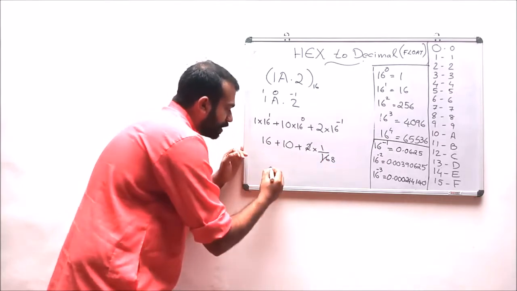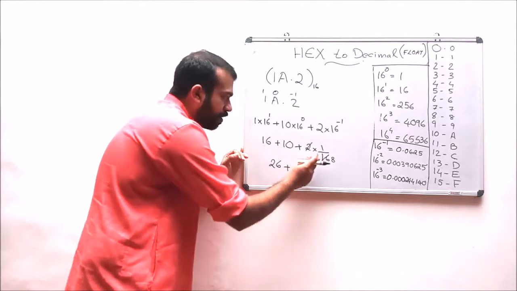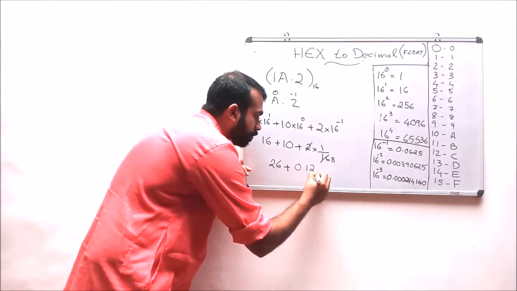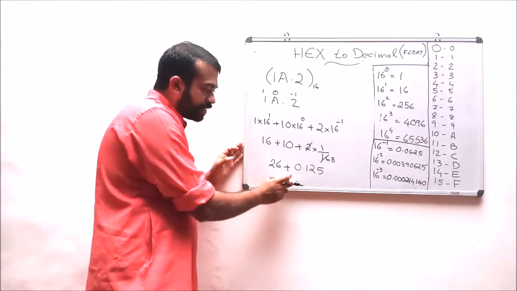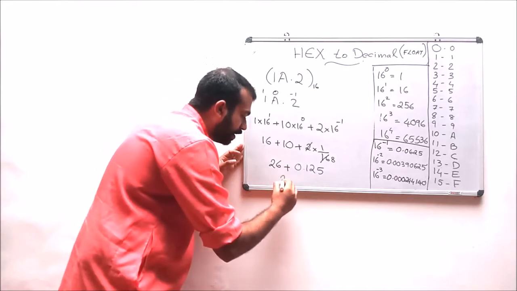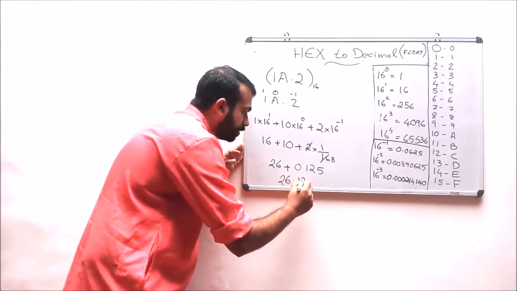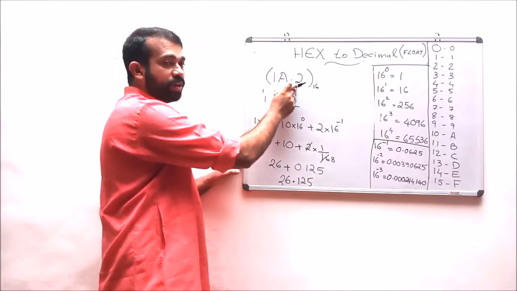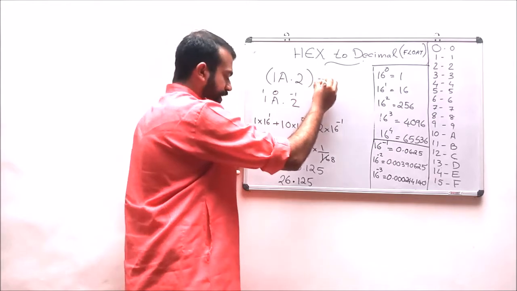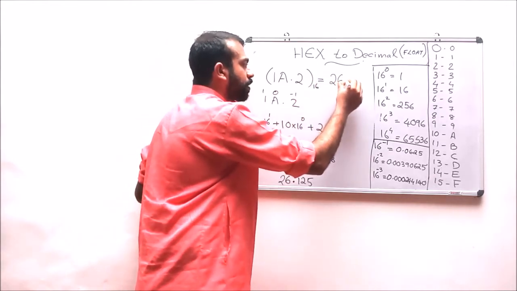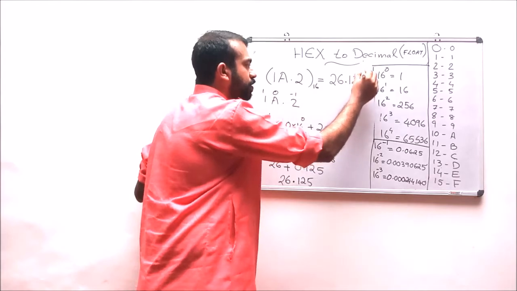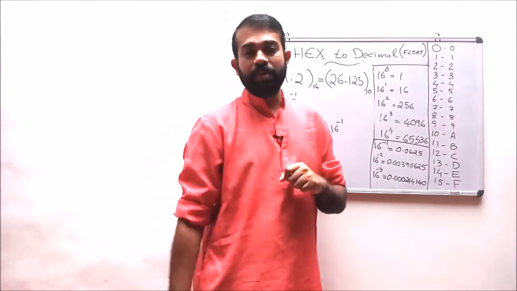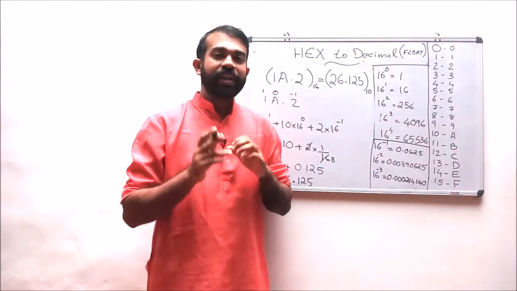So 16 plus 10 is 26, plus 1 divided by 8, which is 0.125. 26 plus 0.125 will result in 26.125. So the hexadecimal number 1A.2 can be represented in decimal as 26.125 to the base 10. So this is how we are converting a hexadecimal fractional number into a decimal fractional number.